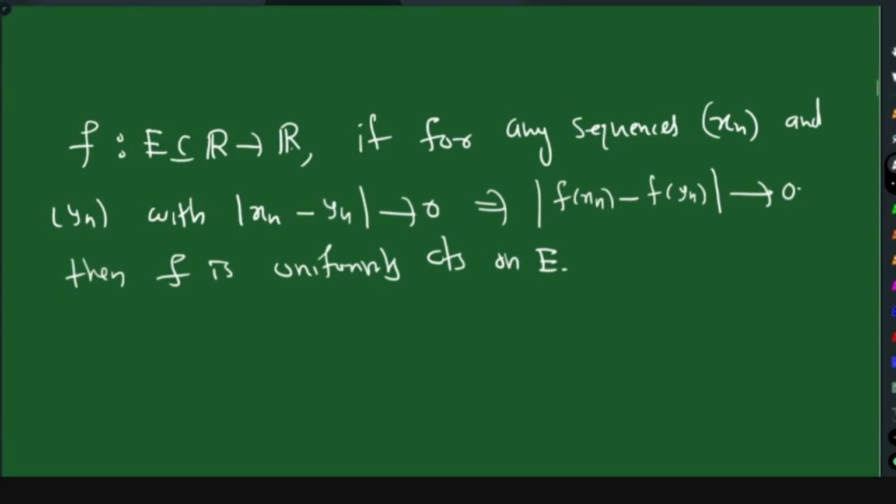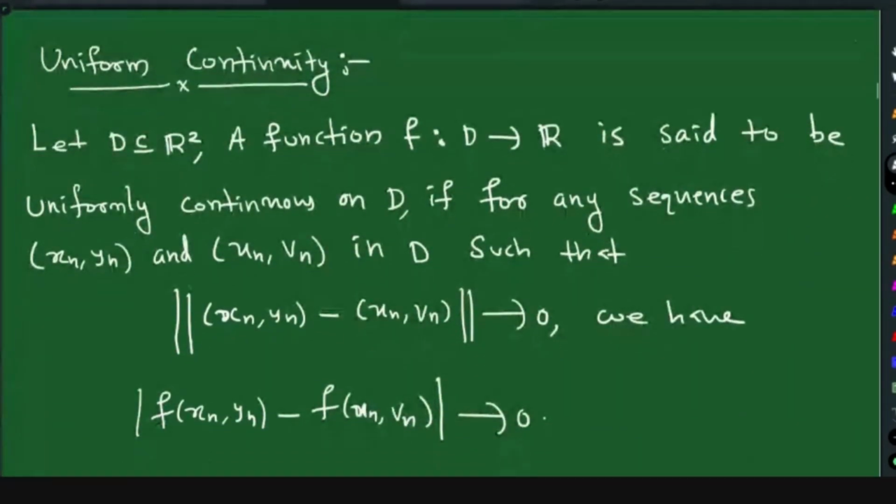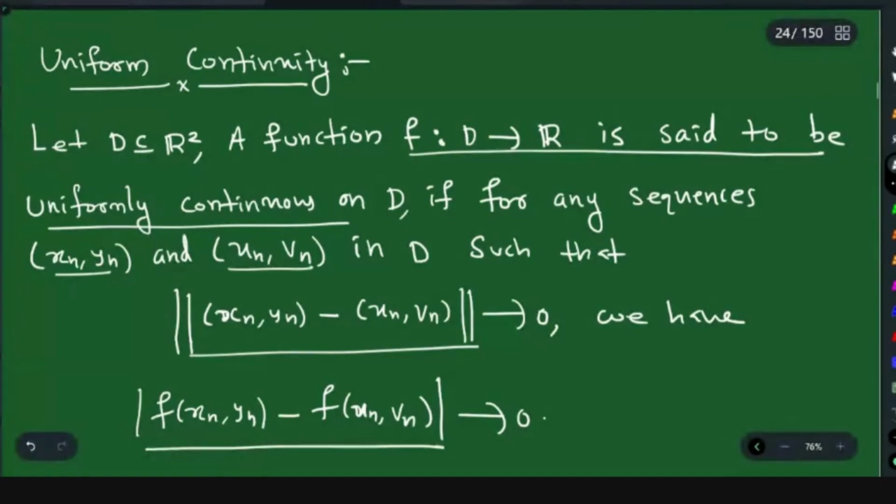So the same thing I am extending for a function of two variables. You have a domain D subset of R2 and a function f from D to R. f is said to be uniformly continuous on D if for any sequences (xn, yn) and (un, vn) in D such that the norm of (xn, yn) minus (un, vn) converges to 0, we have the modulus of f of (xn, yn) minus f of (un, vn) goes to 0.